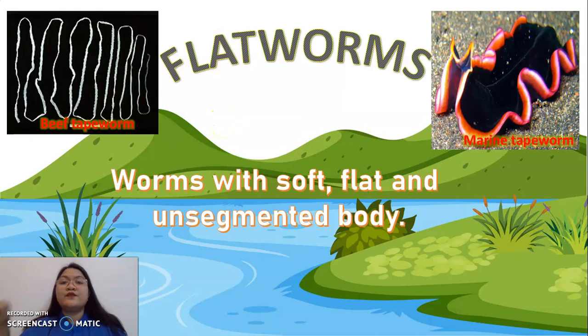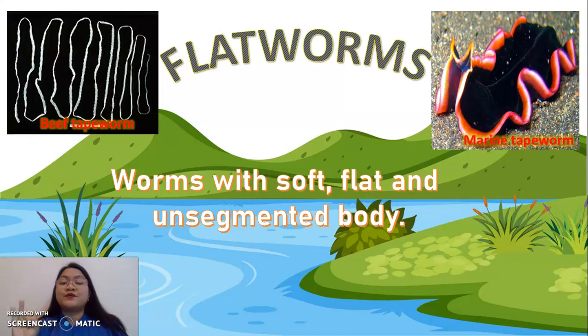So again, we have three types of worms: annelids, roundworms, and flatworms. Again, when we say annelids, these are worms with segmented body. So their body has ring-like structure. How about roundworms? Are they segmented or non-segmented?